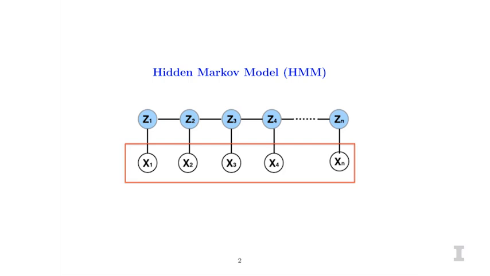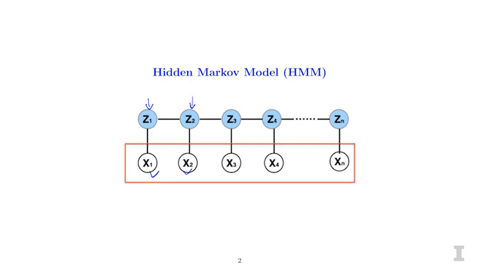For example, in this case, whenever there is no edge between two variables, it means they are conditionally independent. So for example, for x1, x2, there's no edge between them. That means conditioning on all the other random variables, x1 and x2 are independent, which is intuitively true because x1, x2, their distributions are totally determined by their corresponding latent states, z1 and z2.